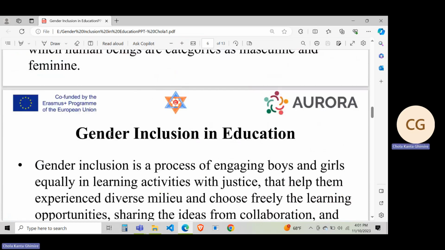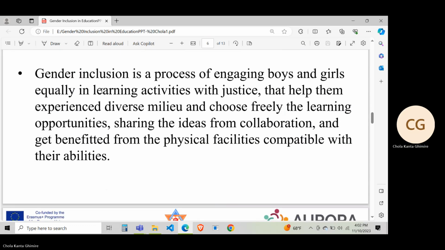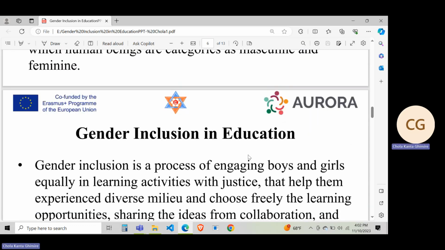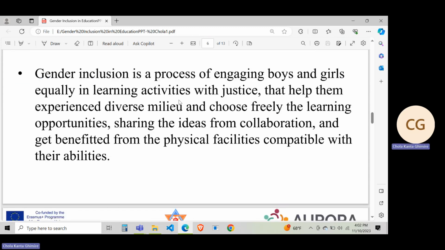Now, we'll concentrate on gender inclusion in education. Gender inclusion is a process of engaging boys and girls equally in learning activities. In a school or college classroom, boys and girls participate in the learning activities.